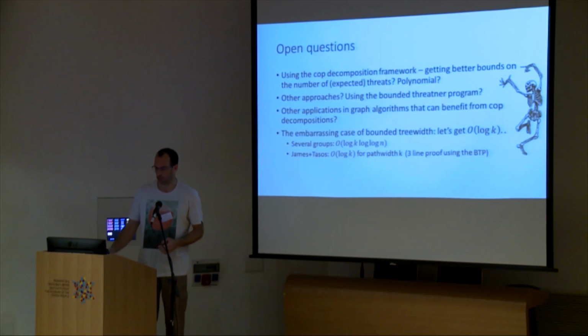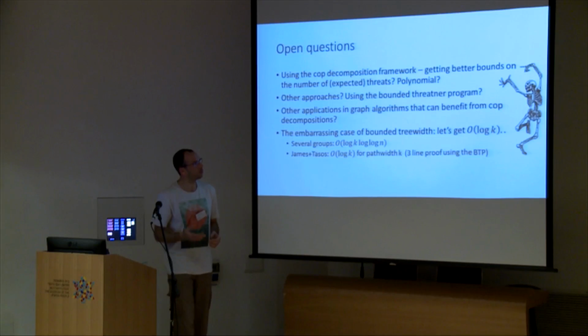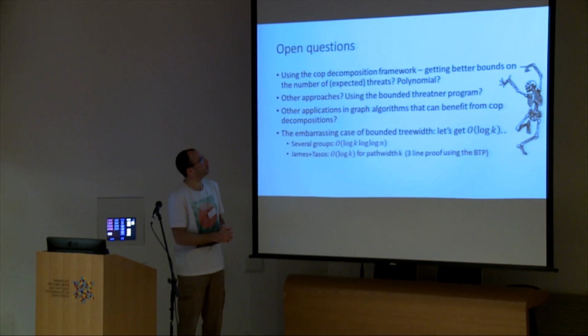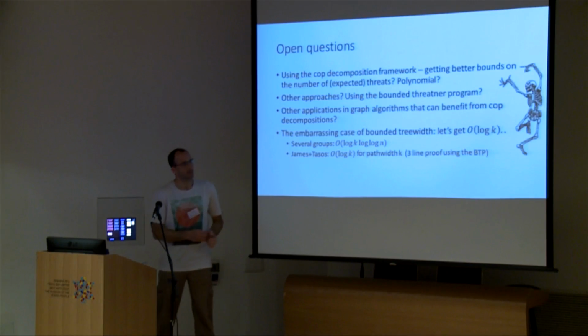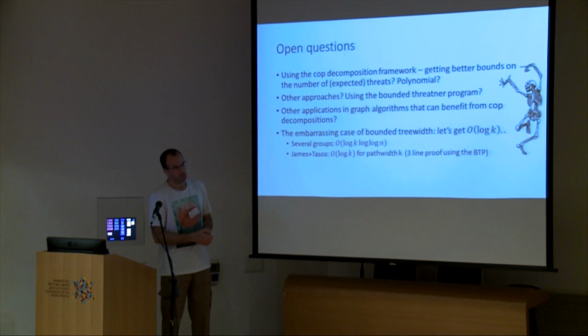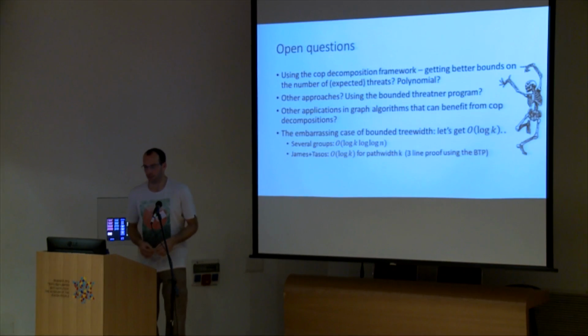Good. So this is the main open question coming out from this work. I think it's very plausible that you can get a better polynomial bound on the number of threateners and solve this problem for minor free graphs.